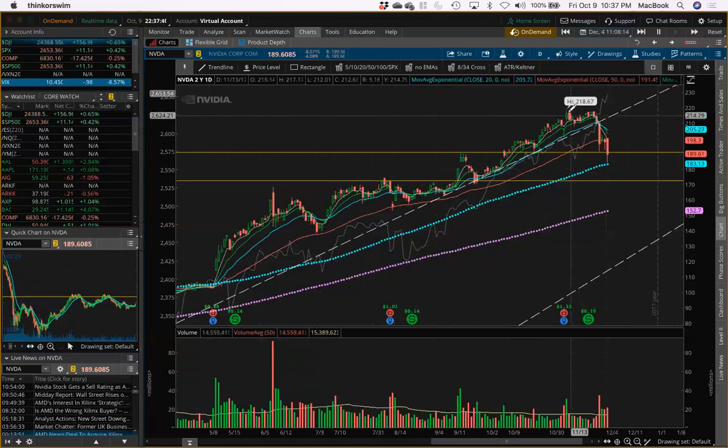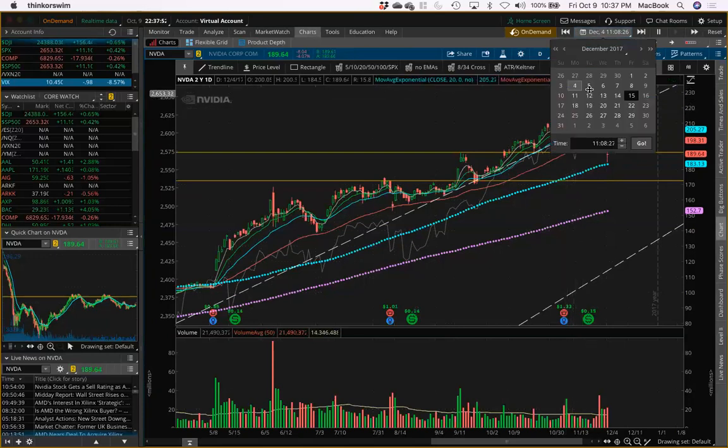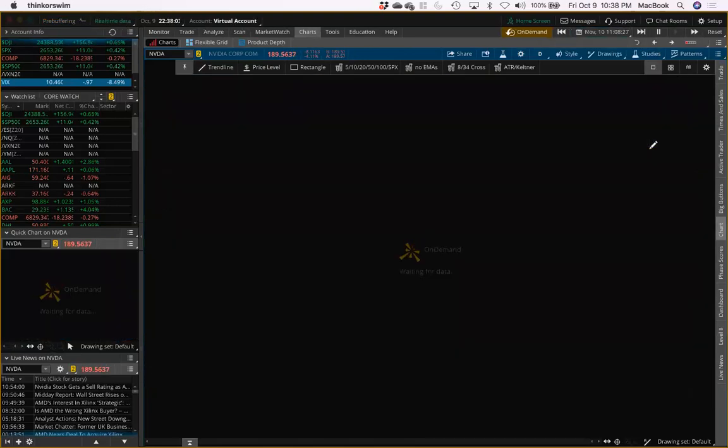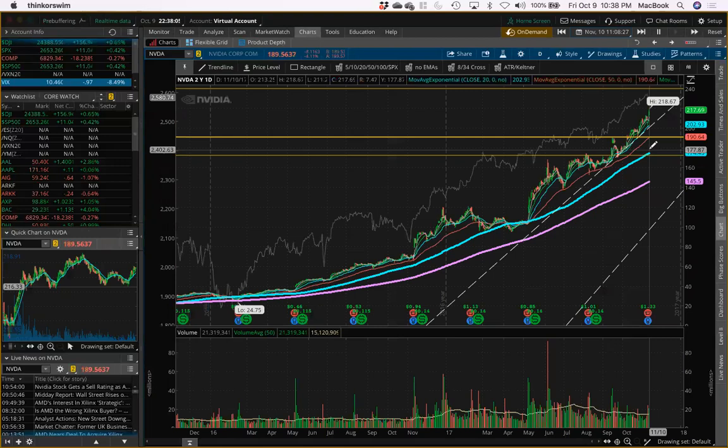So I know this will be interesting, so let's just do it for shits and giggles. Let's go to November 10th to see what the value of this contract was at that point. So let's go over to November 10th, and we're going to come back to December 4th. November 10th, 2017.